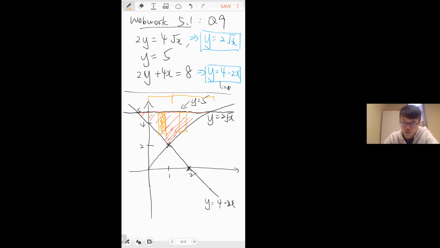So from 0 to 1, you'll be doing y equals 5 minus y equals 4 minus 2x, because that's the top and bottom function. And from 1 to whatever this is, which you need to find out, you're going to do y equals 5 and y equals 2 times root x. Does it make sense?